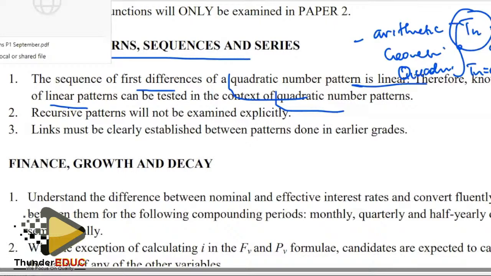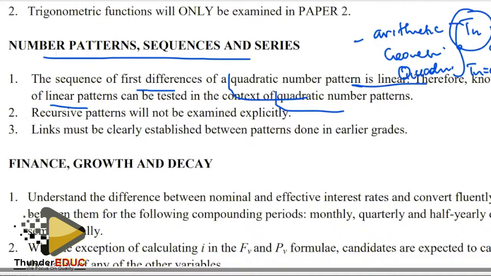All these need to be known, whereby a represents the first term for the first 2, and n is the position, d is the common difference, and r is the common ratio.